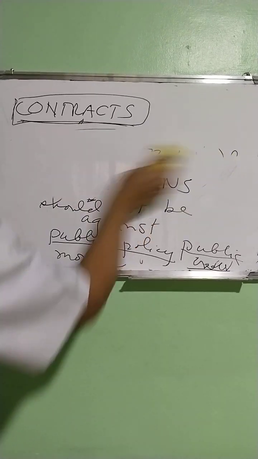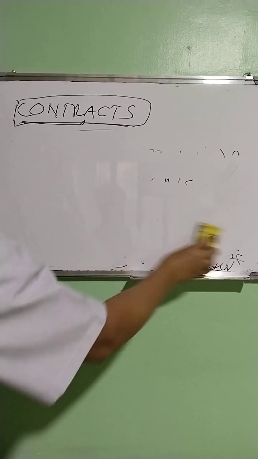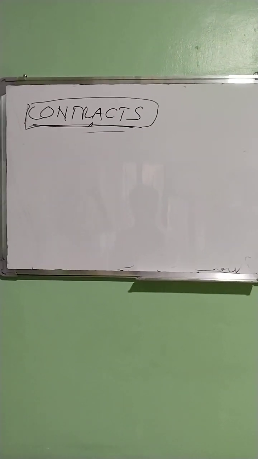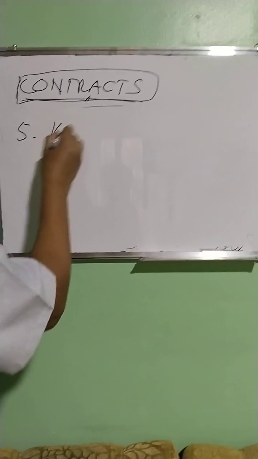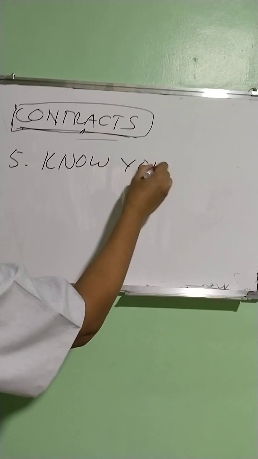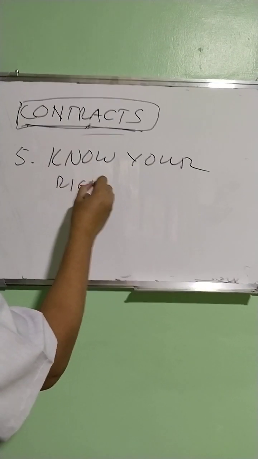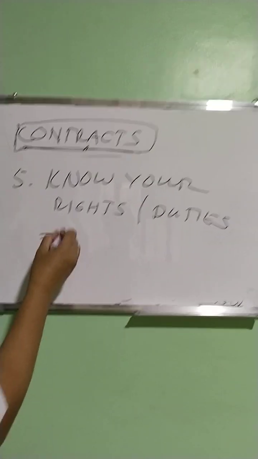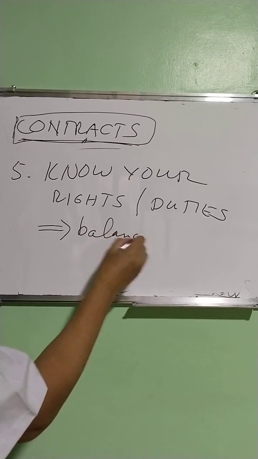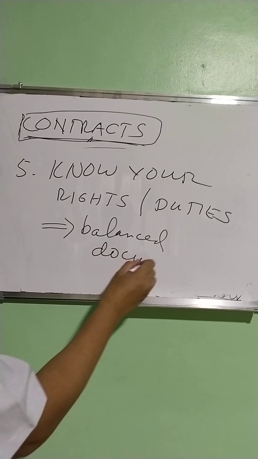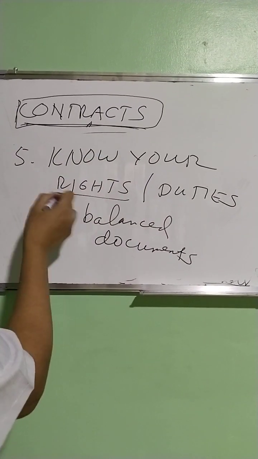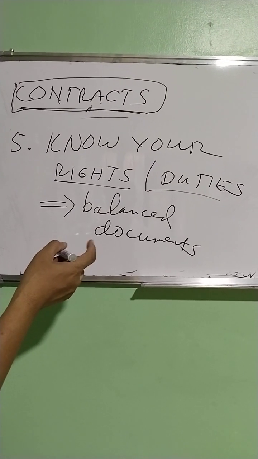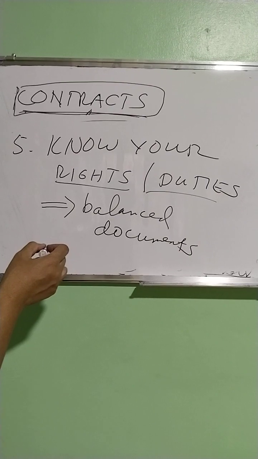The fifth reminder for you people before you sign a contract is, of course, know your rights. You have to know your rights and duties. When you sign that contract, it has to be a balanced document wherein your rights and duties have been carefully specified, and it should not be tilted in favor of one party or the other.